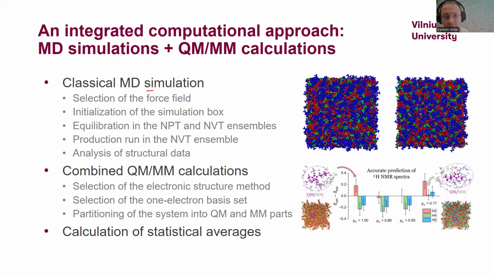That would be a painful exercise to do. But due to this error cancellation, normally moderate-sized bases are okay. And here we normally use Jensen's family of bases, like the second generation of these pcSseg bases. They work pretty well for the NMR spectrum in our studies.